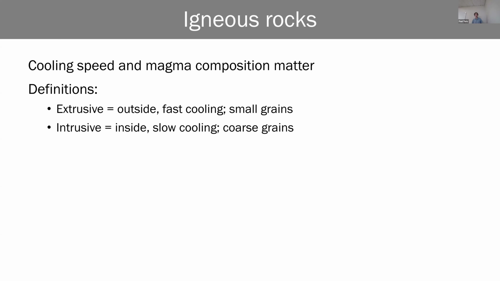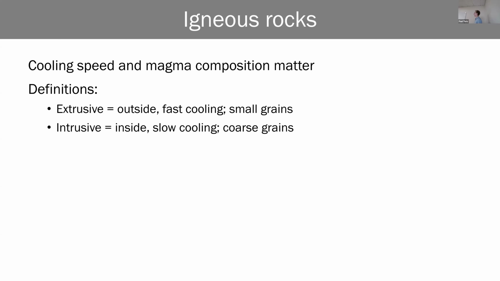And intrusive being the opposite means it cooled within Earth's crust over much longer time, cooling proceeded much slower, and we have larger grain size or very coarse grains that you can see individually. So that's our cooling speed.